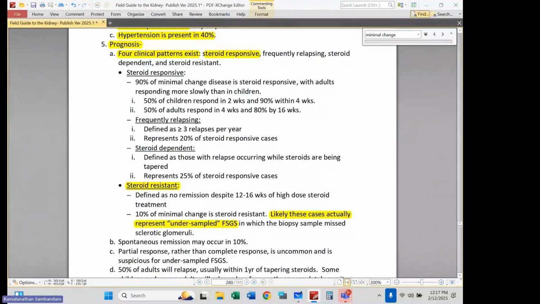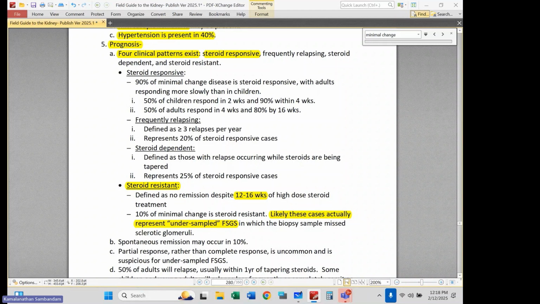Let's finish up this conversation. We generally define steroid resistance as at least 3 to 4 months of high dose steroids. That is about 60 milligrams. If you're a pediatrician, I think Peshwan may be joining us, they use different criteria for defining steroid resistance in the pediatric patient.